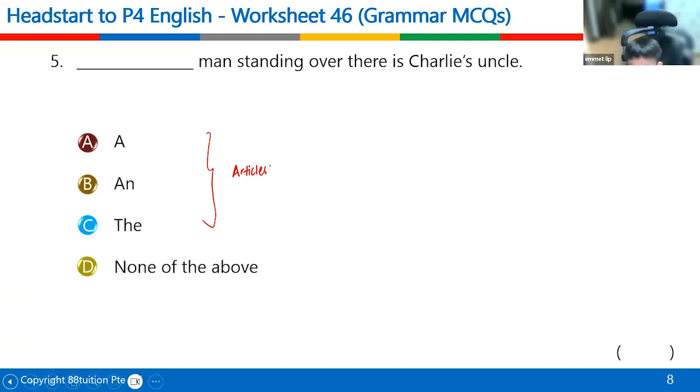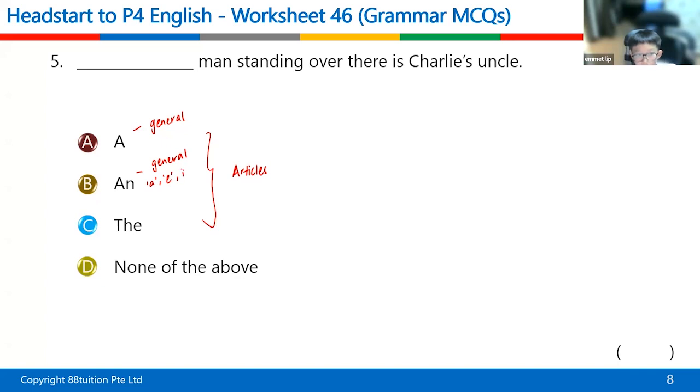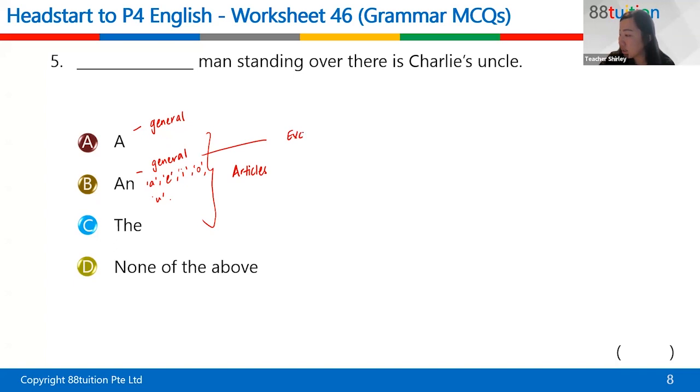Okay, so the articles a, an and the, actually there is a difference amongst these three. A is usually when we are talking about a general subject or object. An is also general, but it usually applies to your vowels, A, E, I, O, U. But sometimes there are exceptions. Like for example, okay, what are the exceptions? The exceptions are words that do not have the vowel sound. Like for example, uniform.